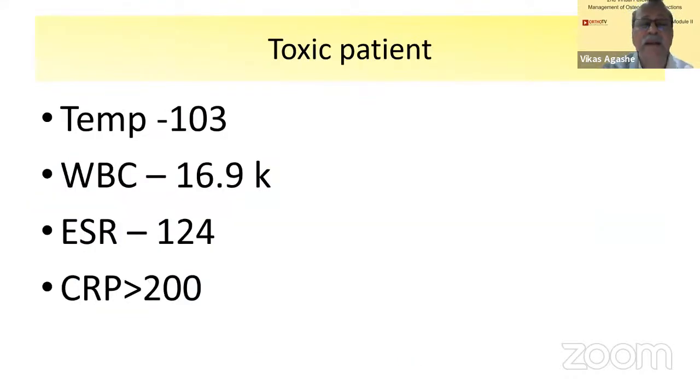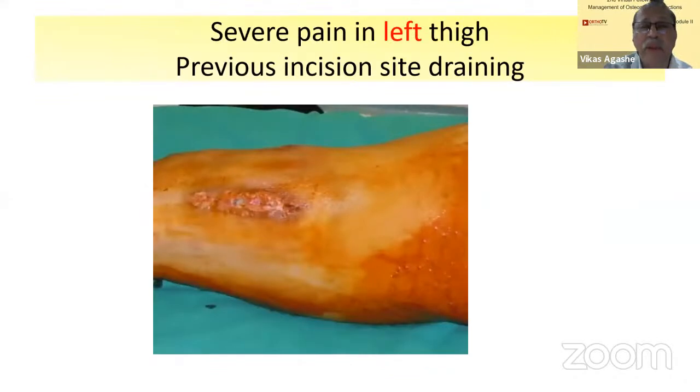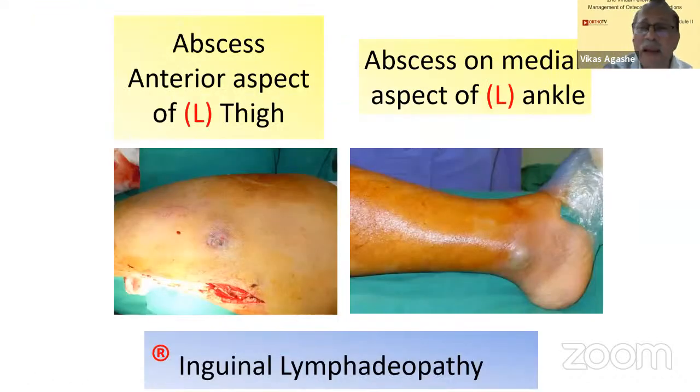When he presented, he had high fever. His WBC count was 16,000 and high ESR. This is the previous incision site which was draining. He also had an abscess on the anterior aspect of the left thigh and an abscess on the medial side of the left ankle. Here you can see there's an abscess on the medial side of the ankle, but he had a right inguinal lymphadenopathy.